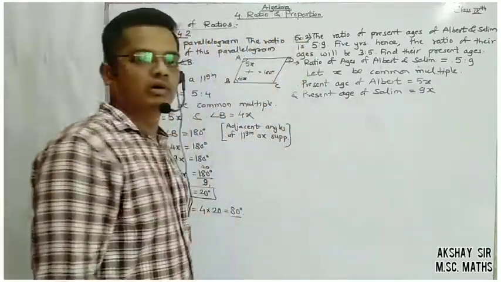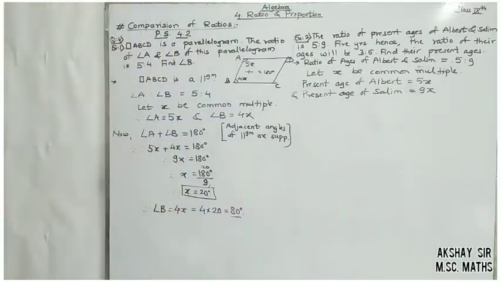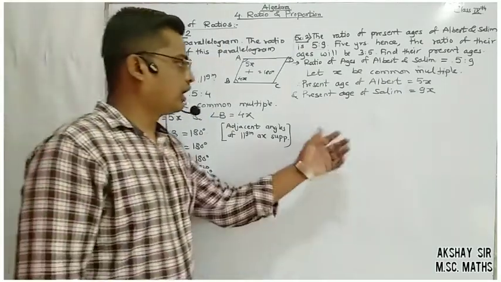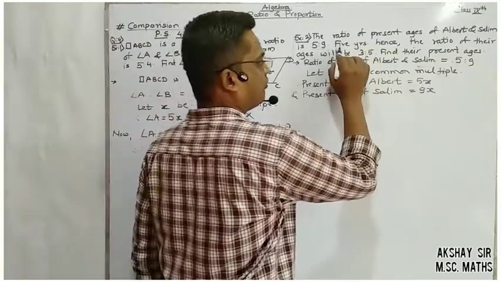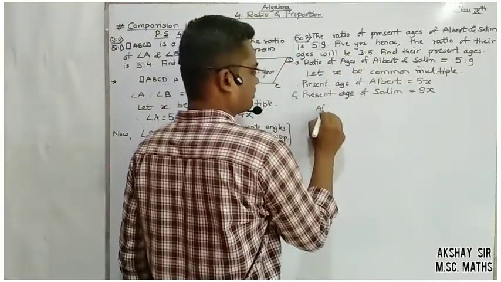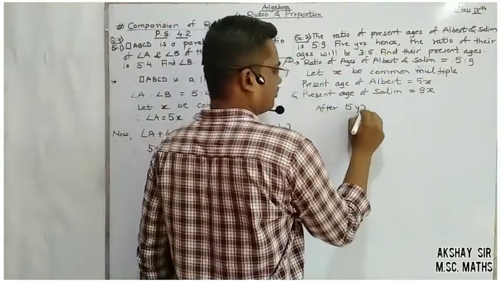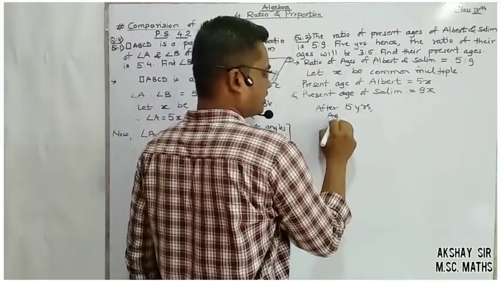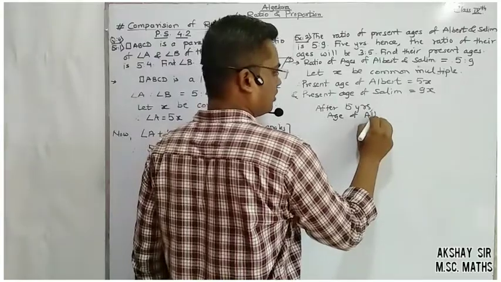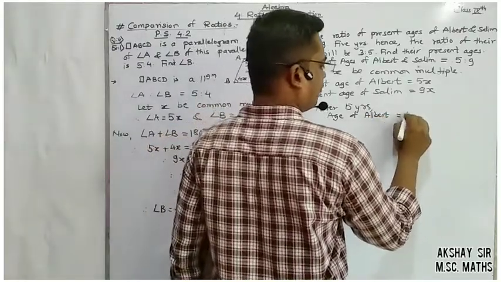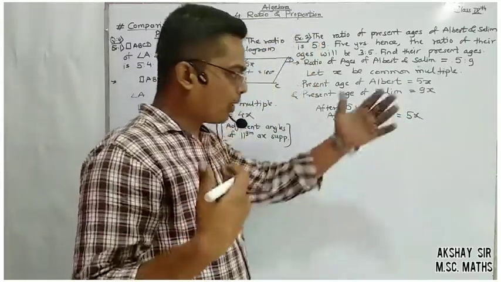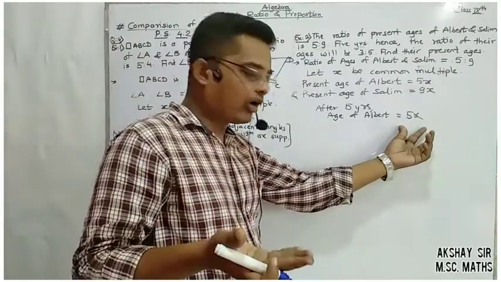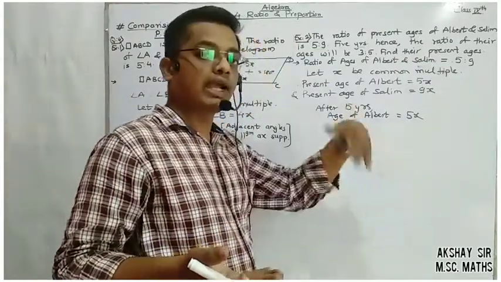Alright. Now let us consider the second condition. 5 years hence, so after 5 years, their ages will be: age of Albert, present 5x, after 5 years it will be 5x plus 5.